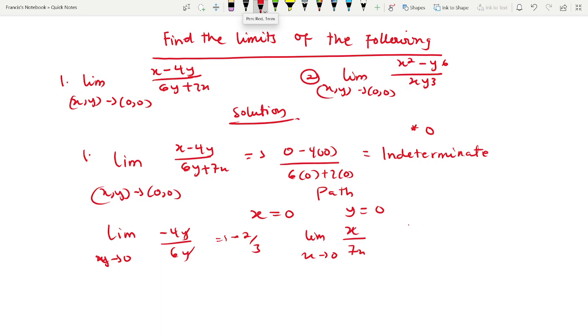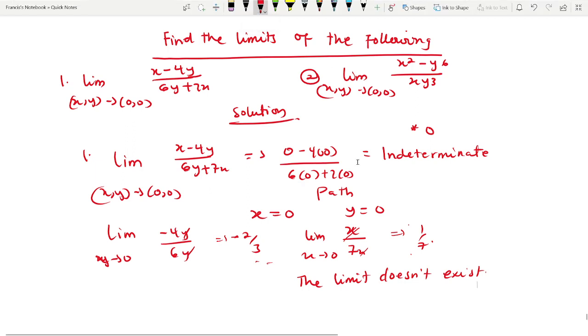This will cancel, and you get something like 1 on 7. You see, this and this are not the same. Therefore, you say the limit doesn't exist. Okay, so that is for the first part.